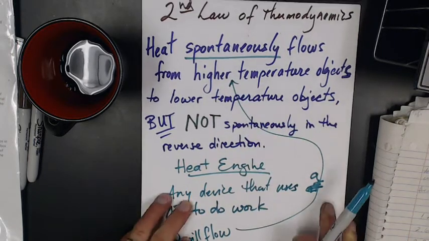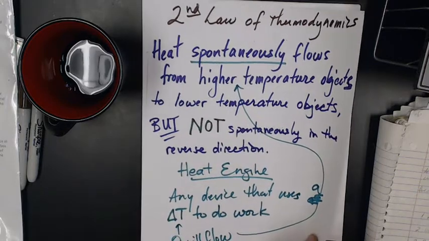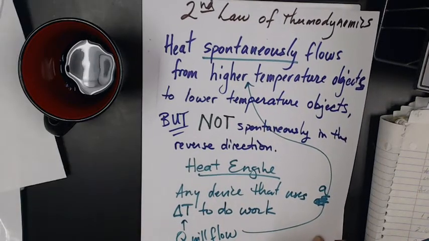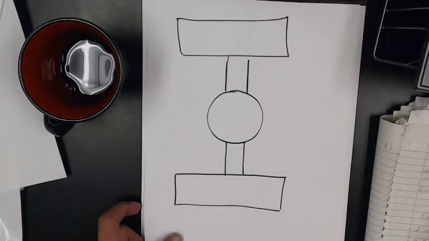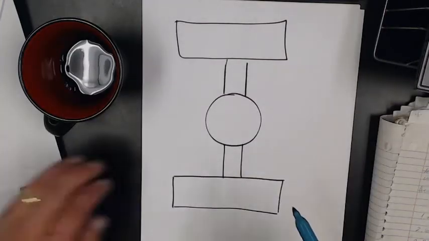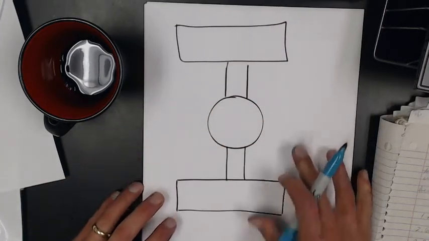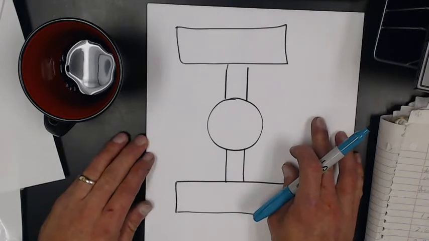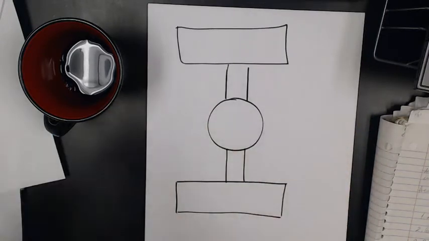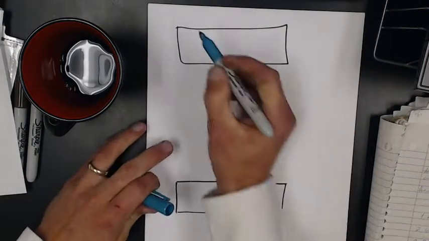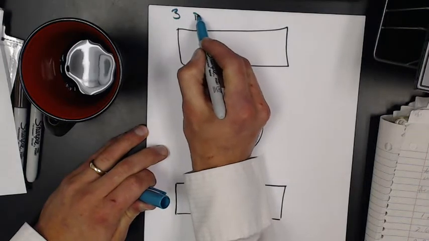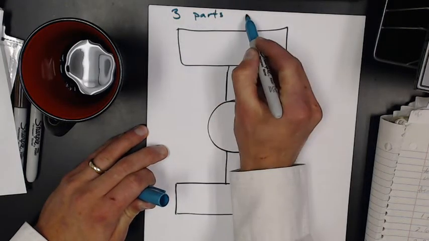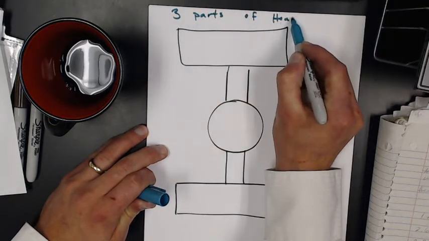All right, so now, what does that heat engine have? Well, this is where it gets kind of fun. Here is a heat engine. All right, a heat engine has 3 parts. It has a heat reservoir. Let me label these 3 parts of the heat engine.